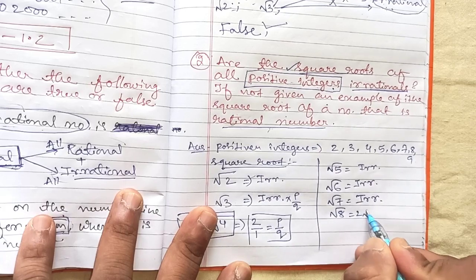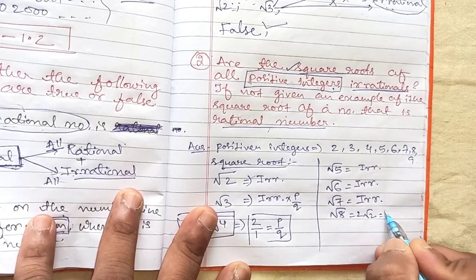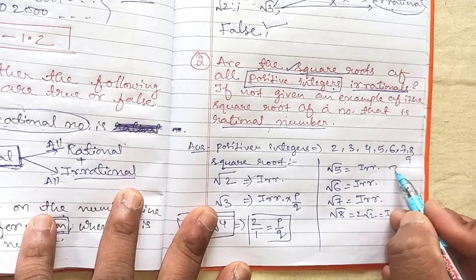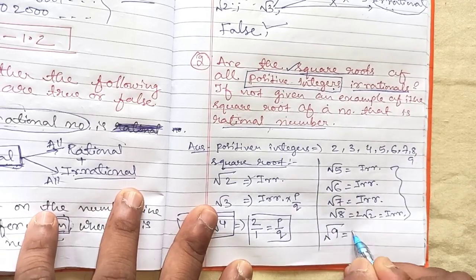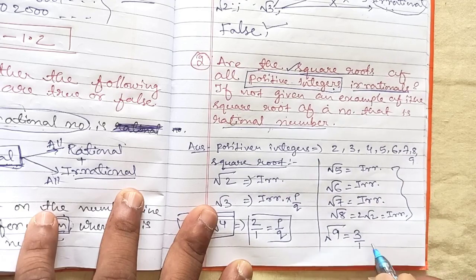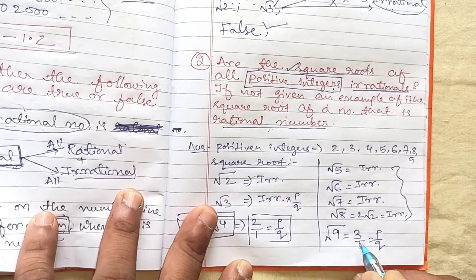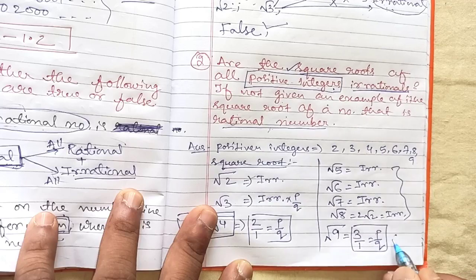Root 8 value is 2 root 2. When you take out the LCM, I will explain how to find it. So these many numbers are irrational. Now root 9. What is the value of root 9? Root 9 is 3, that is 3 by 1. We can represent it in the form of p by q. This is also a rational number.